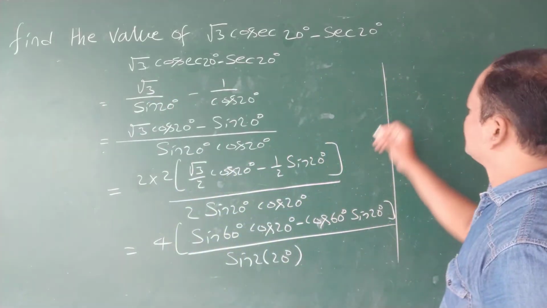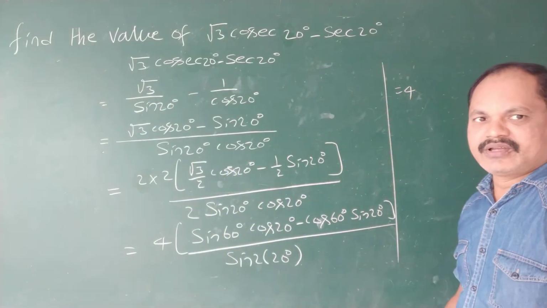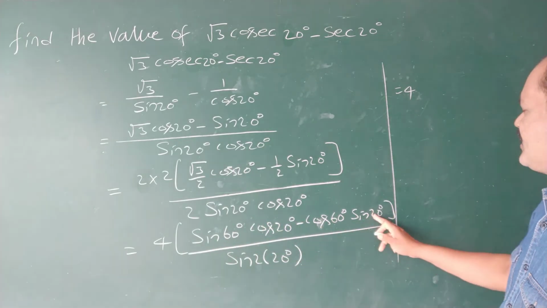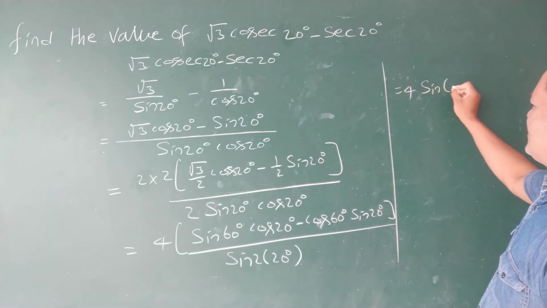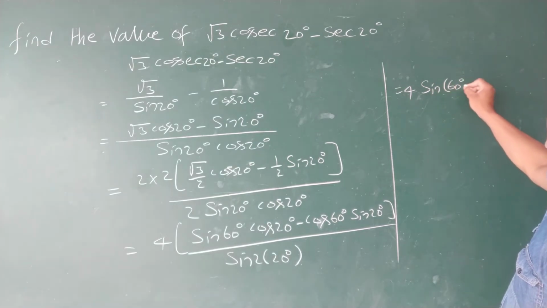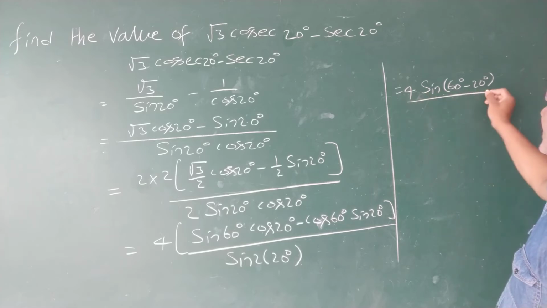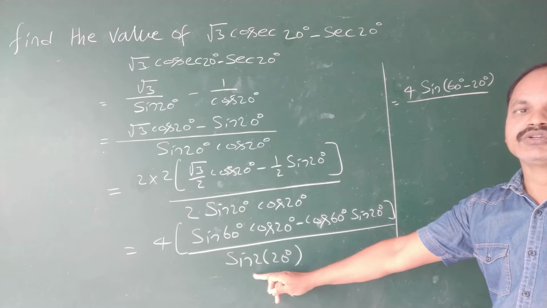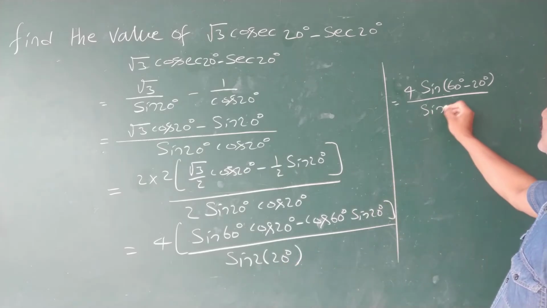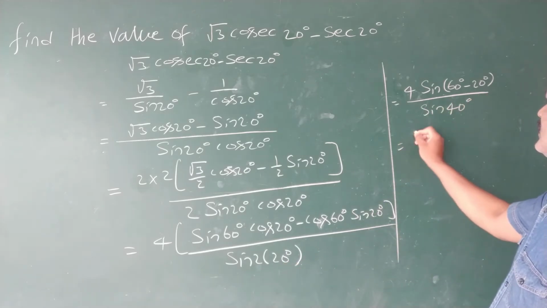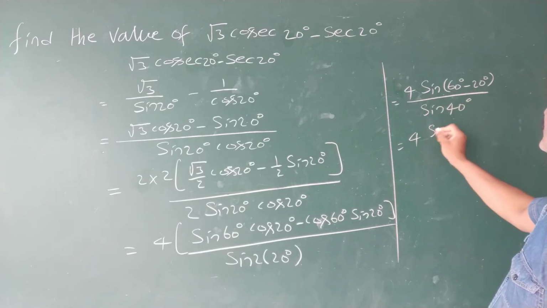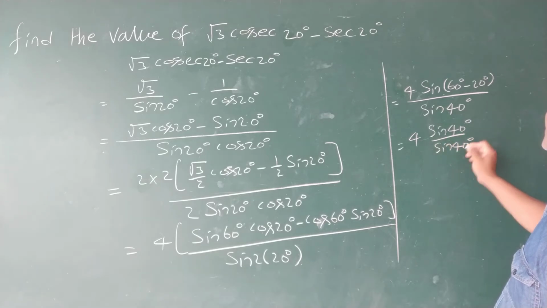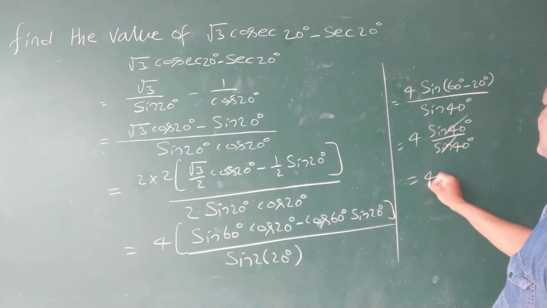Now from this it is 4 times of, observe this is sine A cos B minus cos A sine B, that is sine of A minus B, 60 minus 20, by, here in the denominator, that is sine 2 theta, sine 2 times of 20 is sine 40. That's why 4 times of sine 40 by sine 40. That's why these two get cancelled, answer is 4.